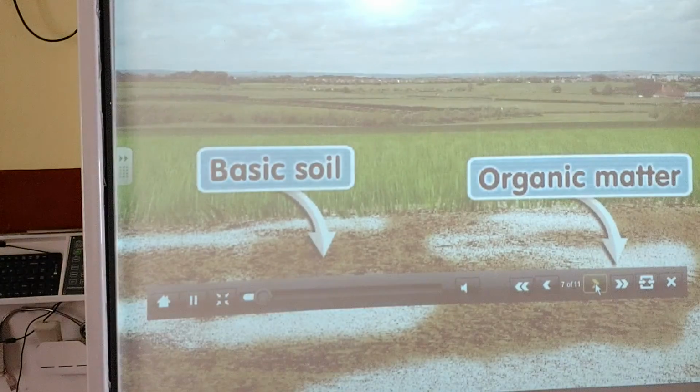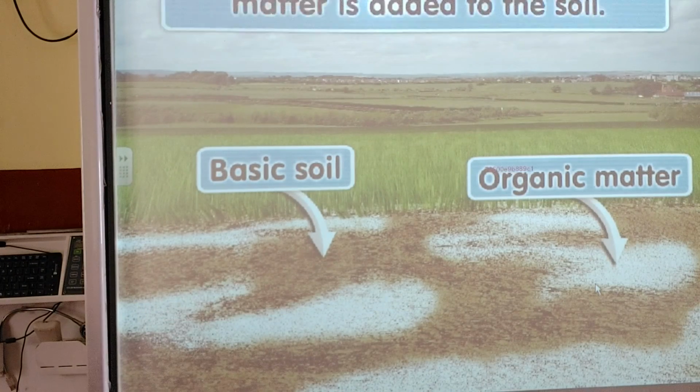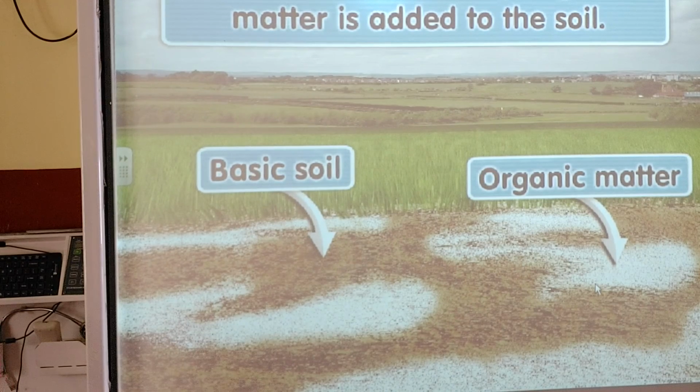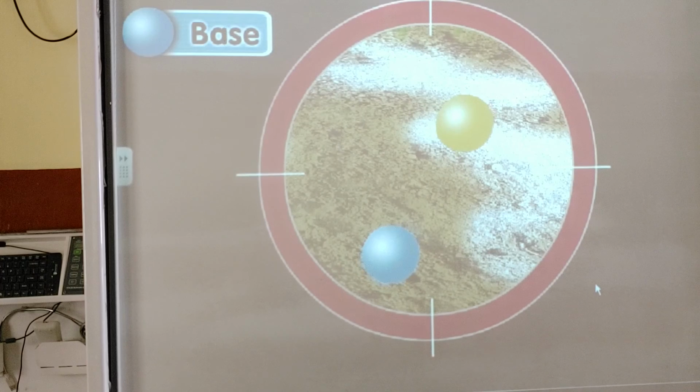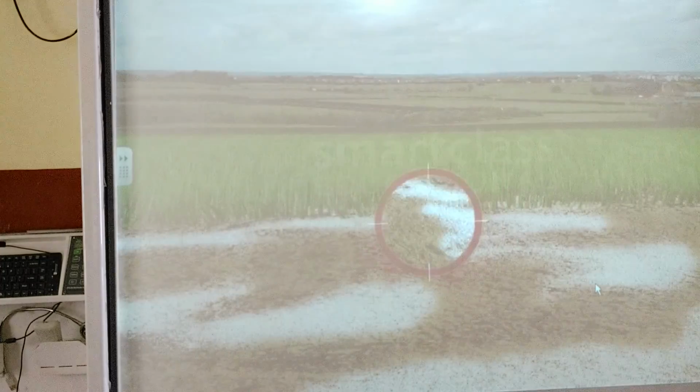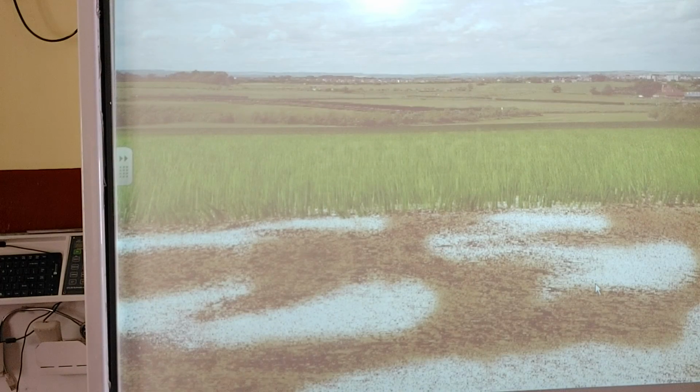Likewise, to reduce soil basicity, organic matter is added to the soil. The organic matter releases acids in the soil, thereby neutralizing its basicity. A reduction in soil basicity ensures proper crop growth.